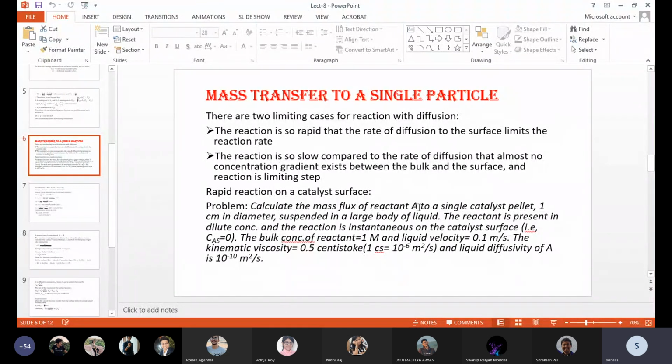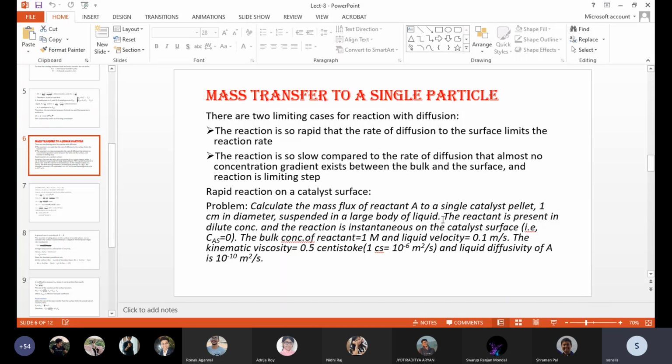So what happens? Here mass flux of reactant A, mass flux or mole flux, whatever, is to be calculated to a single catalyst pellet. The pellet is 1 centimeter in diameter and suspended in a large body of liquid.